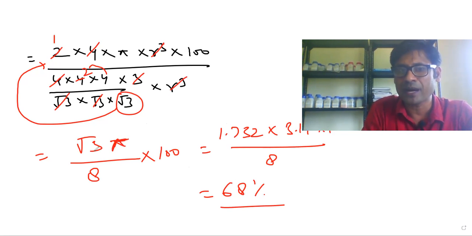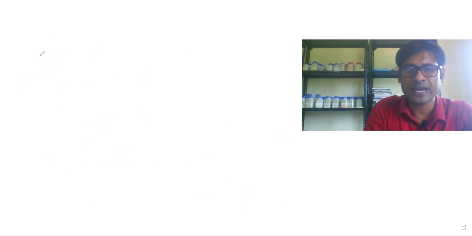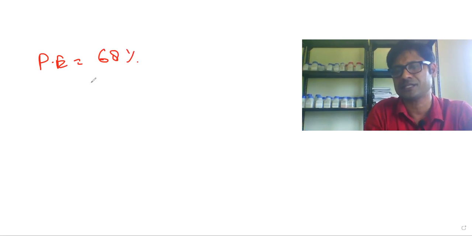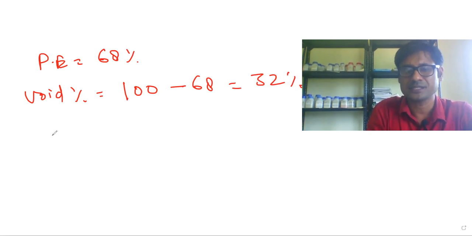And in terms of pi, root 3 pi upon 8 is the value of packing efficiency. Is it clear? We get packing efficiency is equal to 68% and void percentage is equal to 100 minus 68, means 32%.